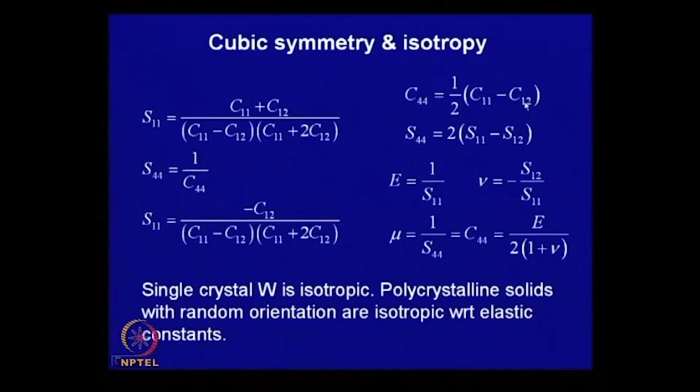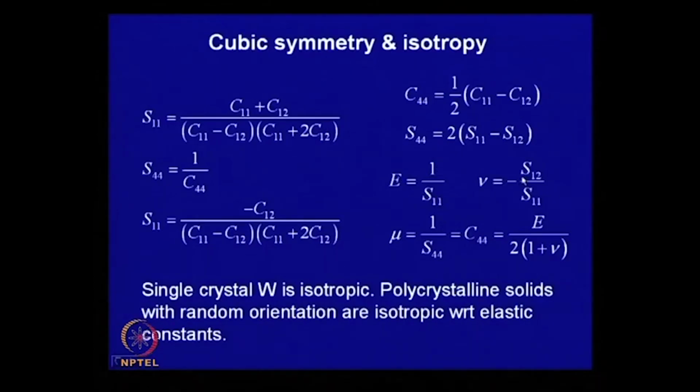Similarly, a similar relationship exists between the stiffness coefficients, and we are more familiar with Young's modulus, and how this Young's modulus is related to these compliances with respect to a single crystal, like E is 1 over S11.